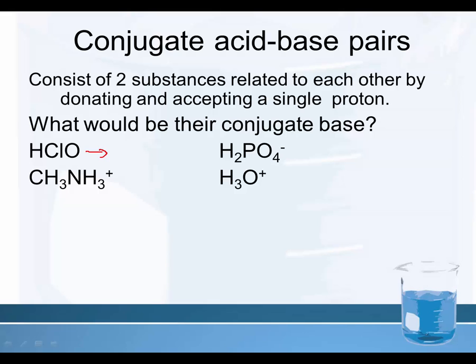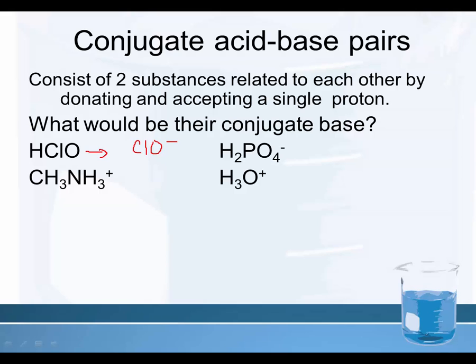It loses a hydrogen ion. So this would become ClO, but it loses a hydrogen ion, so it has to become negatively charged because a hydrogen ion is H+. So if it loses its H+, it becomes ClO negative.